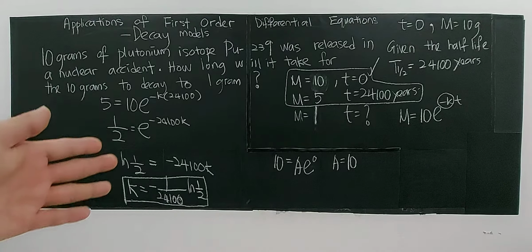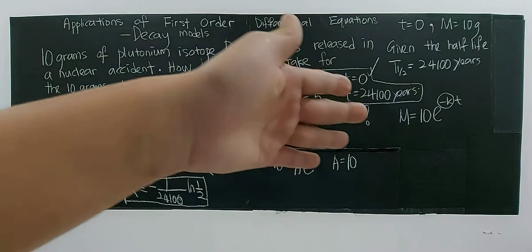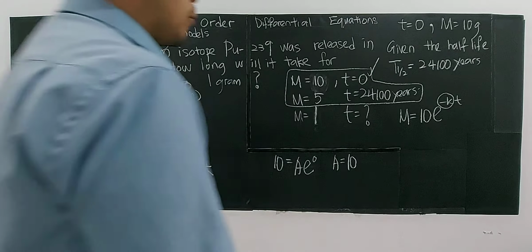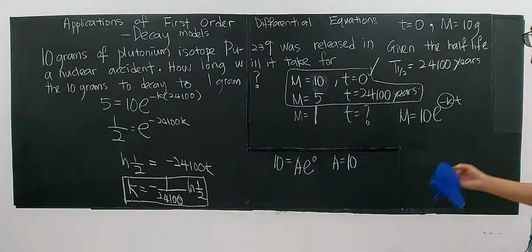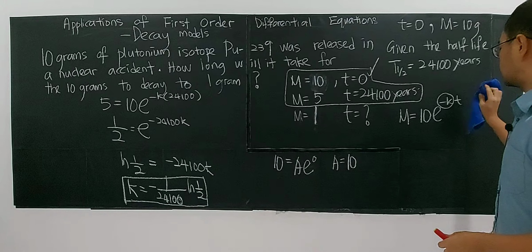So now I have a constant and I have the value of A, so I have a complete formula for this plutonium.